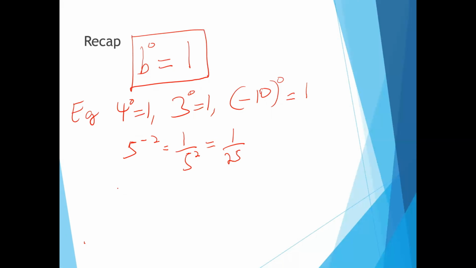Now we can also move on and say that when we have 1 over 2 raised to the power minus 3, then we can solve it this way. We'll say that 1 over 2 raised to the power positive 3, the same concept. So we shall get 1 over 1 over 8.